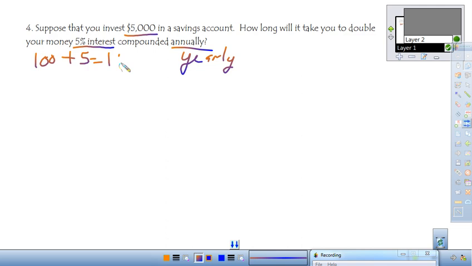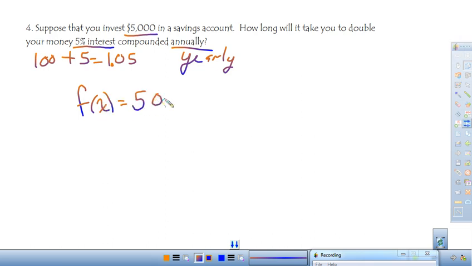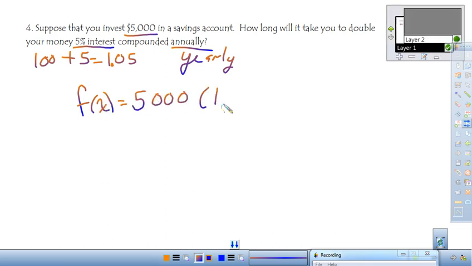So you're looking at 105%, and then you turn it into a decimal. It's a growth problem. So in this one, our initial value is 5,000 times our 1.05 to the t or x or whatever variable makes you happy. I guess I should probably be consistent with it and not change it because that would make more sense.